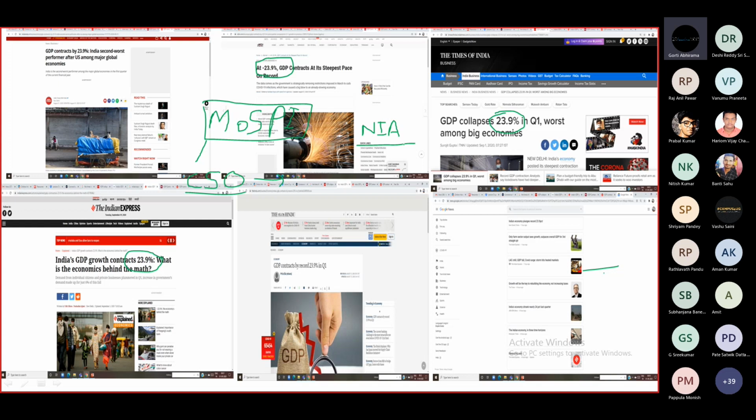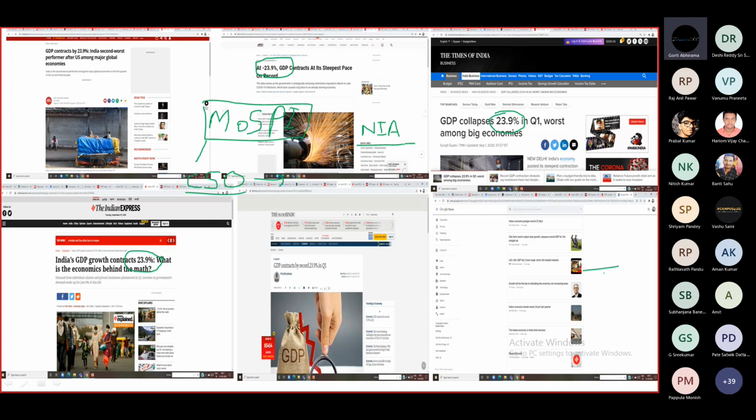So as we see here, these news agencies are reporting India's GDP growth will contract by 23.9%.